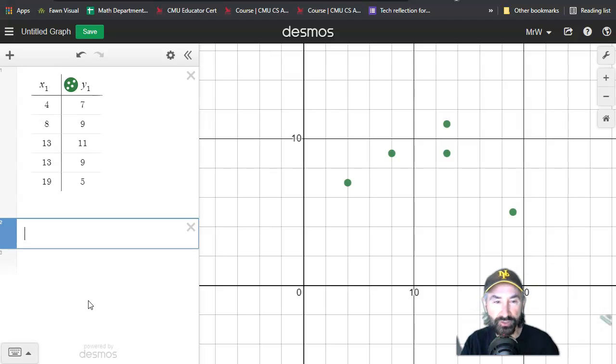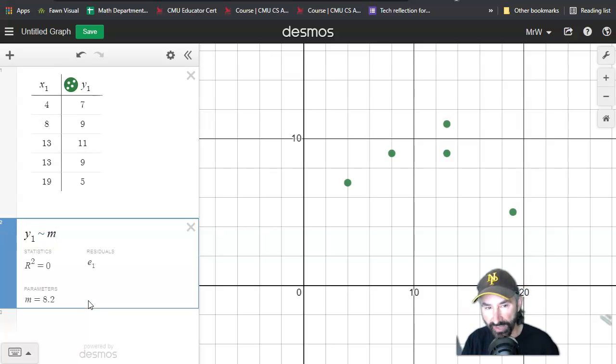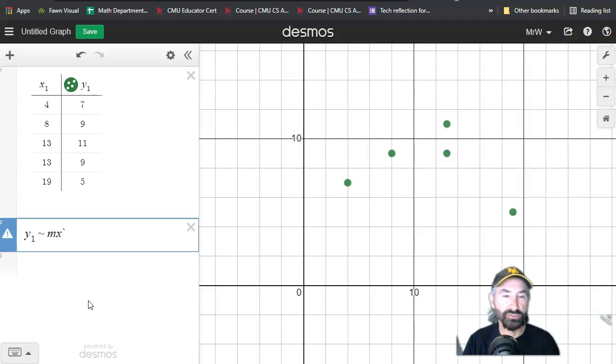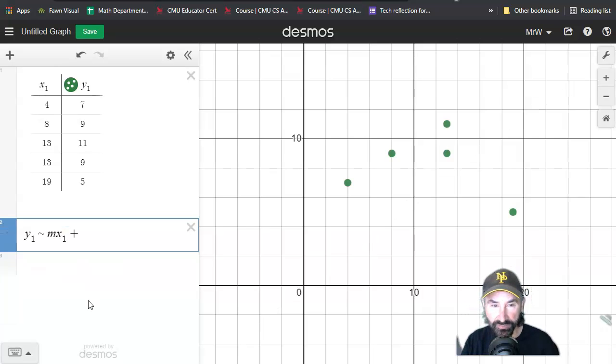This is a refresher. And we do y1 tilde. That tilde key you can find on your keyboard up to the left of the 1 key. And then mx1, because we believe this is a linear relationship, and then plus b.